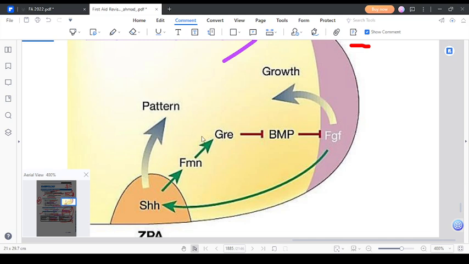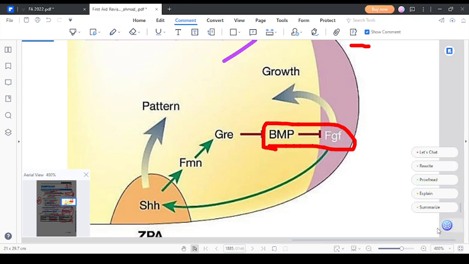You can see that Gremlin is suppressing the bone morphogenic protein. The very concept that I wanted to highlight, and the reason why I came to this picture, is that bone morphogenic protein is responsible for the inhibition of bone growth, the lengthening of the limbs, and it does so by inhibiting the fibroblast growth factor.